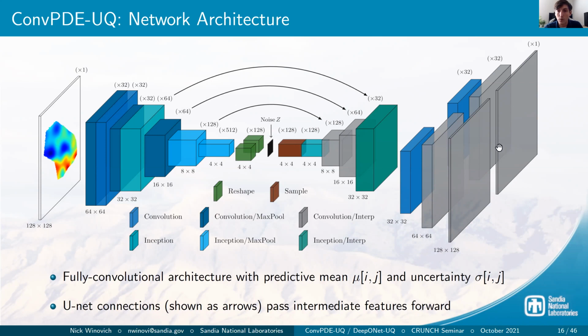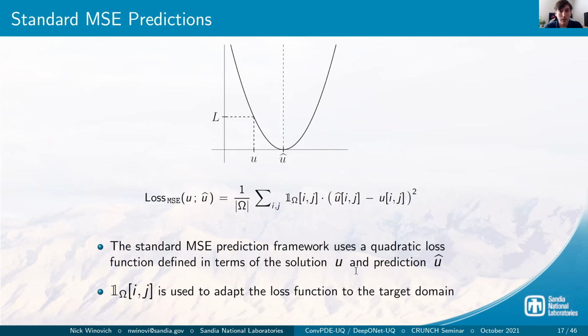So we'll get these two arrays of pointwise mean and uncertainty estimates. And we now need to inform the network that that's how we want it to interpret those two arrays. So we need to enforce this, and that is typically done through the loss function. That's one of our primary ways of telling the network what our goal is.